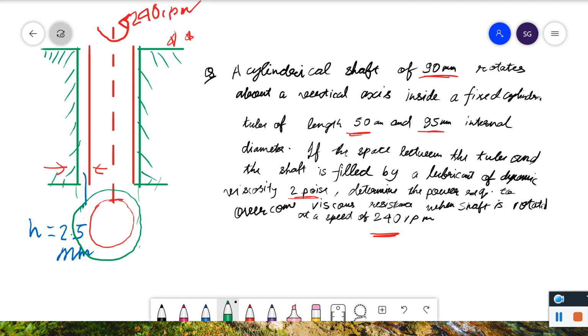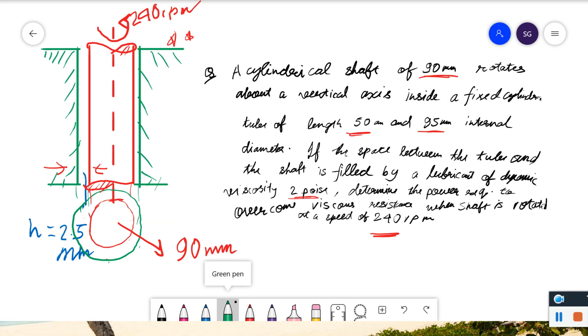Having this one, okay, is the given thing in the question.